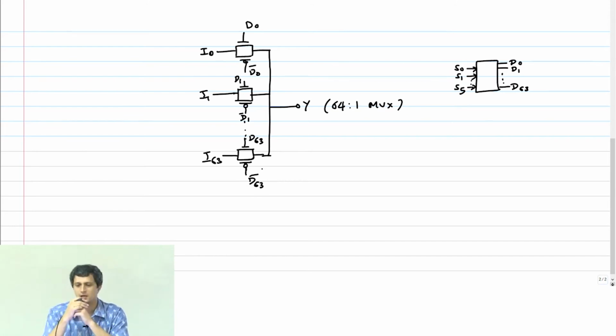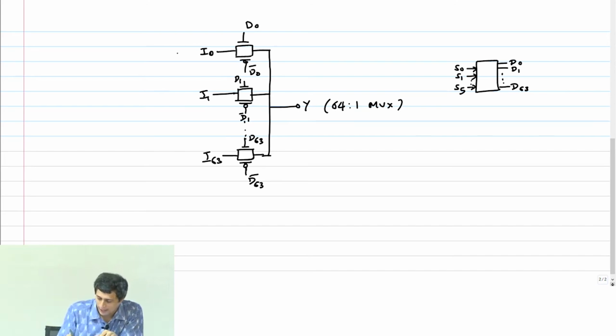We have sized it like that. Now, if I ask you what is the drive strength of this transmission gate based multiplexer, what is it? So clearly, you cannot answer that question, because unless you tell me what is driving this gate, I cannot tell you what the drive strength of this gate is.